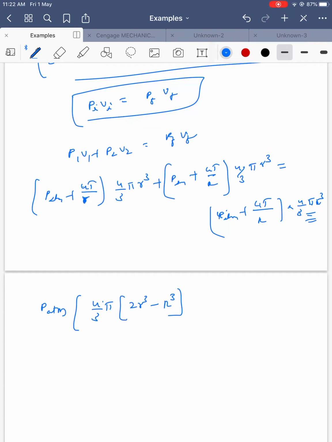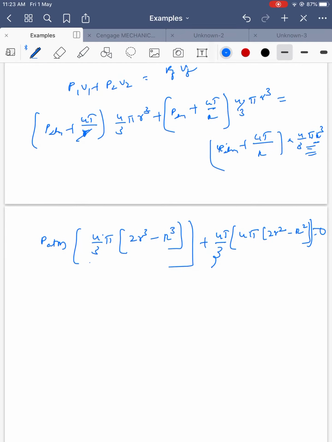Taking 4T by 3 into 4 pi, R square plus R square, so 2r square minus capital R square is equal to 0.